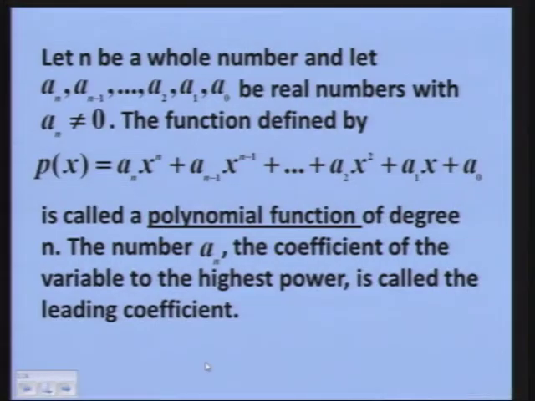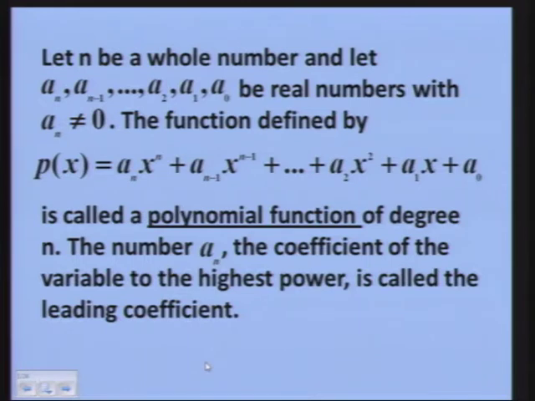Let n be a whole number and let a sub n, a sub n minus 1, and so forth until we get down to a sub 2, a sub 1, and then a sub 0 be real numbers where one of the a's is not equal to 0.